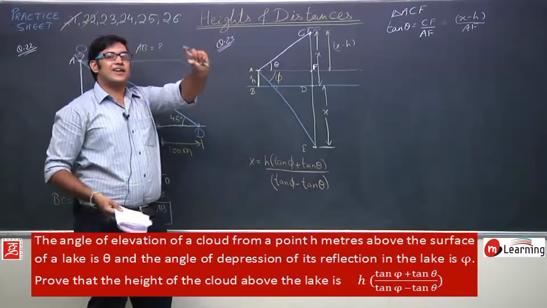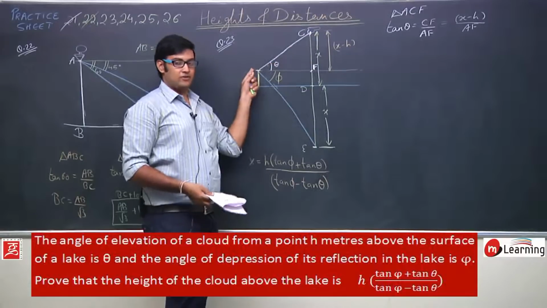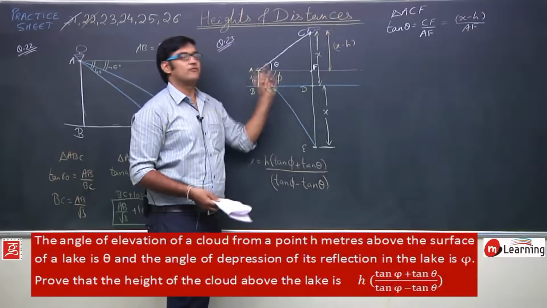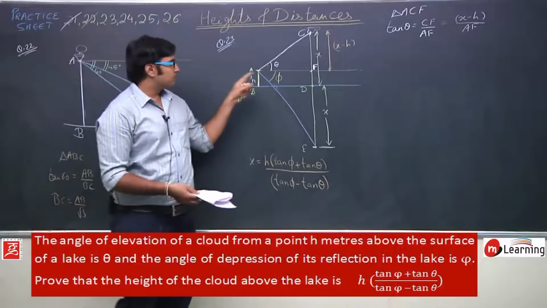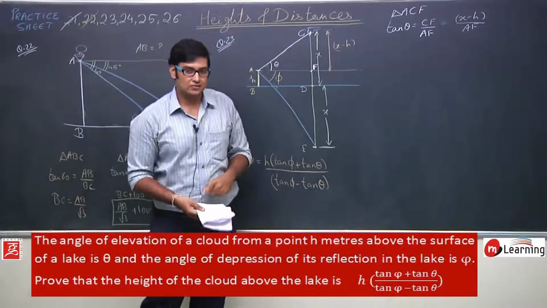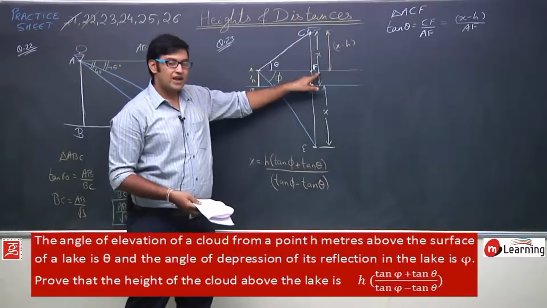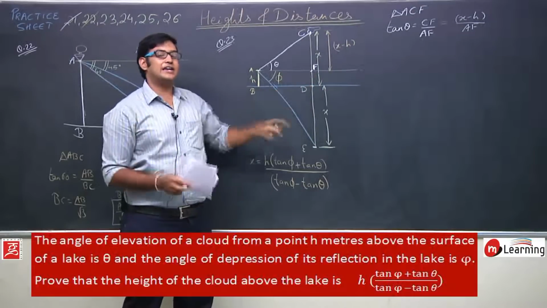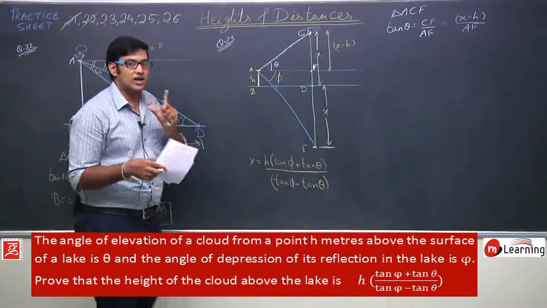It's because what I can see is the angle theta is in triangle ACF and the angle phi is in triangle AEF. Try to understand very carefully what I am trying to say: why I have chosen tan theta, why not sin theta, why not cos theta? It's because this theta angle is in triangle ACF and this phi angle is in triangle AEF, and I can see this AF is common for both the triangles.